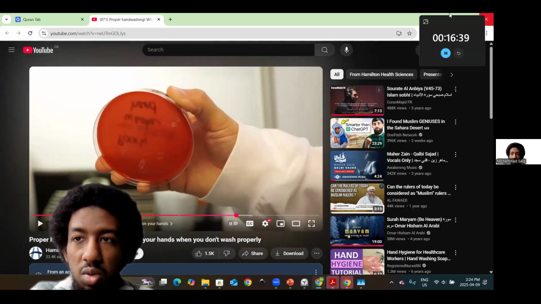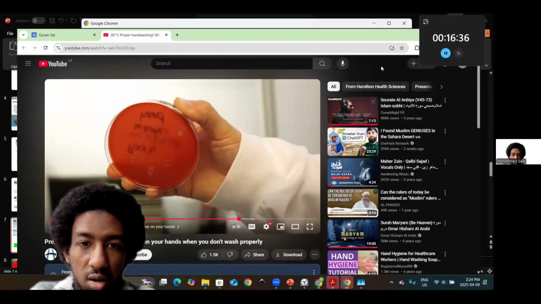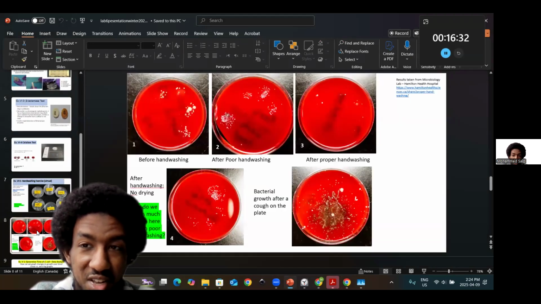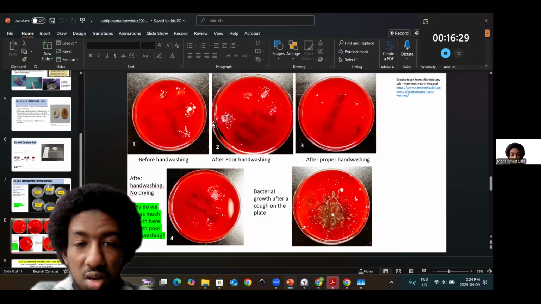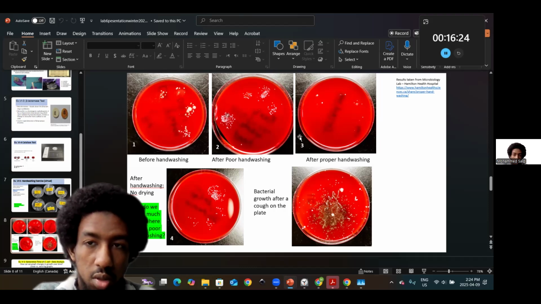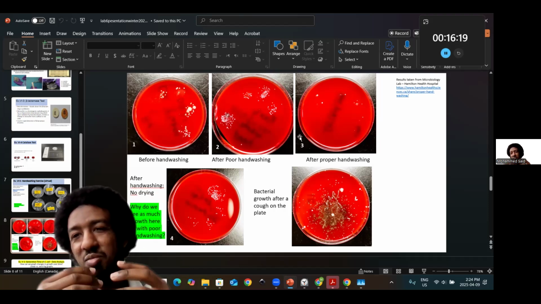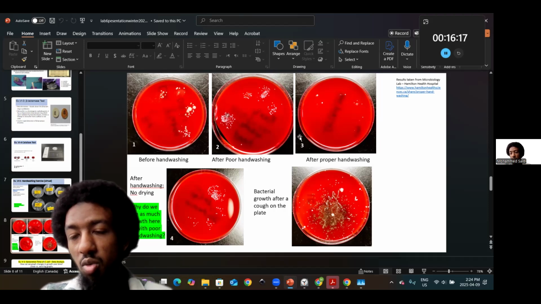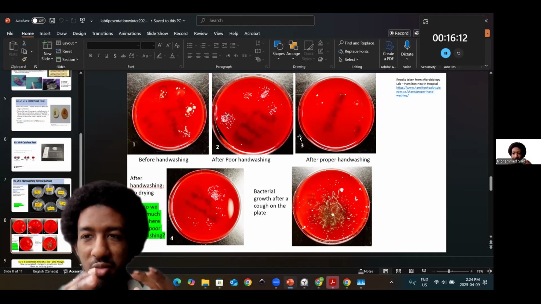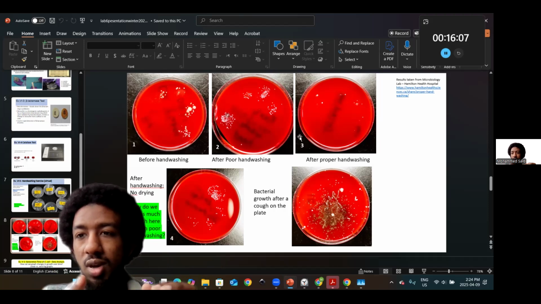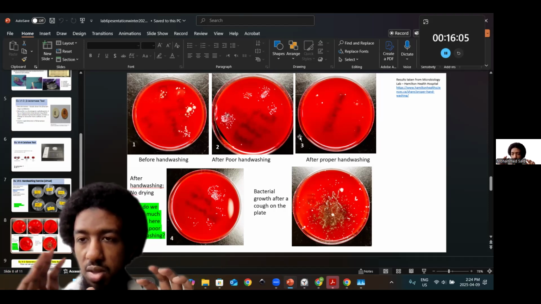And bear in mind that you're using, in this case, if I'm not mistaken, blood agar. So you can come to appreciate, even if it's not the same set of plates, that over time, with proper hand washing, be it within your knuckles or on either side, thinking about high school or even COVID perhaps, or even elementary school when you're learning how to wash your hands with your parents, for example, there are certain ways that you want to be mindful that you're removing any risk of harmful pathogens, right?